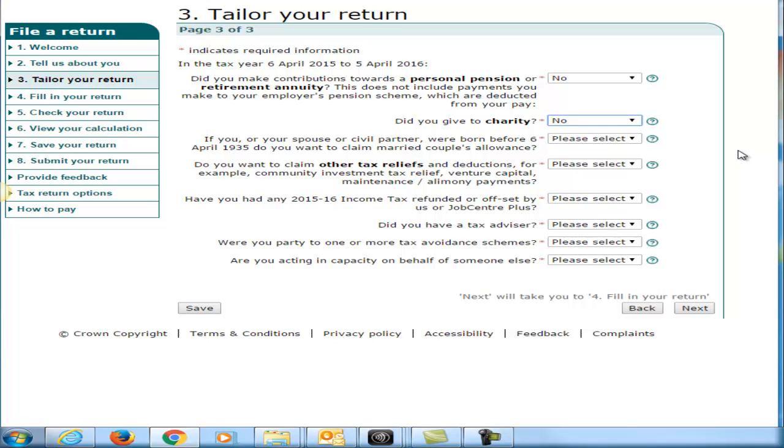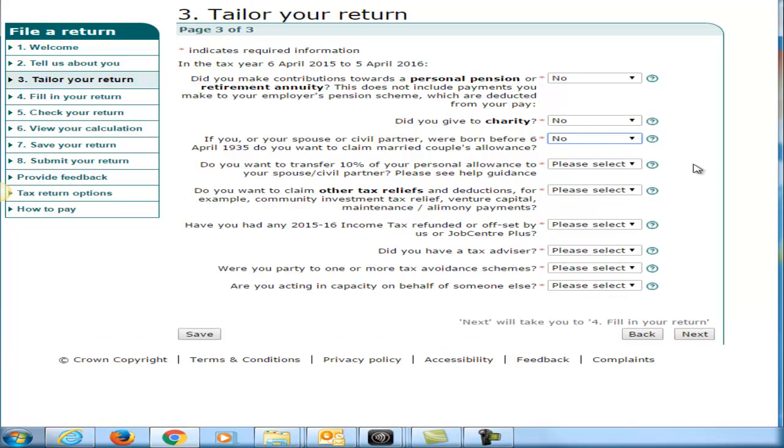We look at the age allowance. So if you or your spouse were born before the 6th of April 1935, then you might get an extra allowance there. Now, the new thing that came in for 2015-16 was a marriage transfer allowance. So you could transfer 10% of your personal allowance to your spouse or civil partner.